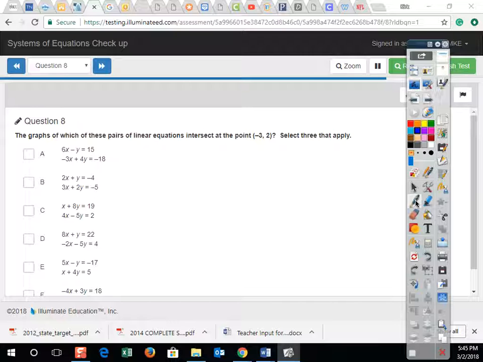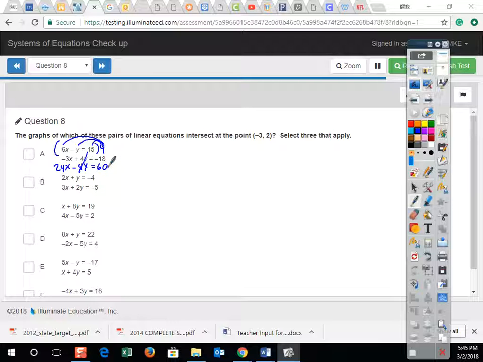So let's start out with the first one. Well, I want to get rid of one of the variables, so I'm going to multiply the top one by 4. Incidentally, you could multiply the bottom one by 2, it would be fine. And so we get 24x minus 4y, getting my opposite, is equal to 60. Well, these cancel out.